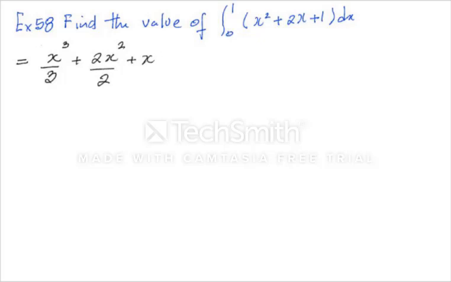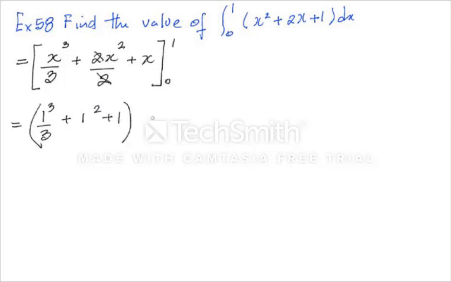All right. Now, because you're integrating within limits, you do not need to put the constant of integration. This is 0 and this is 1. So first, I'm going to put in when x is equal to 1. So I'm going to have 1 cubed over 3, these cancel, so plus 1 squared plus 1, minus when x is 0.